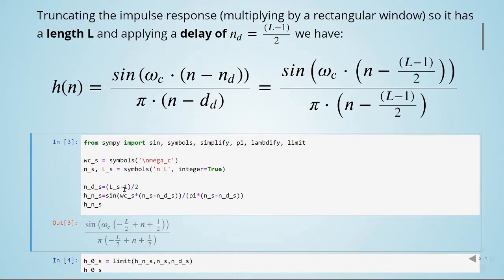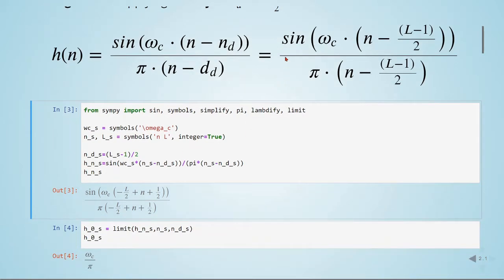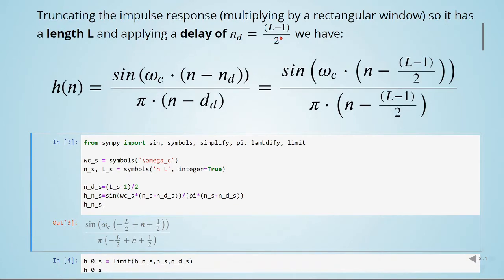Here then I am defining the delay, so it's L minus 1 divided by 2. And here we have our sine of omega c times n minus nd, so it's the delay, divided by pi times n minus nd, and nd is equal to L minus 1 divided by 2.